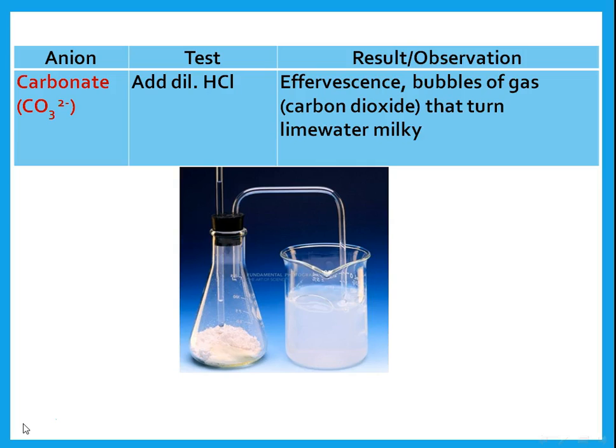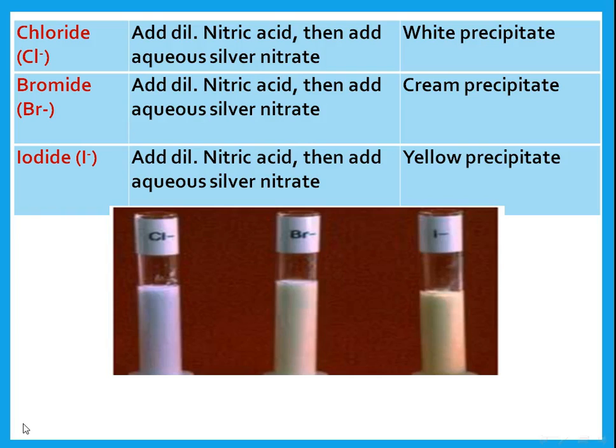We want to test for dilute HCl, for dilute acid. I can tell him add something carbonate and be specific. Let's say add sodium carbonate. If the liquid is acid, then I will see bubbles of gas that turn lime water milky. Do we understand this?